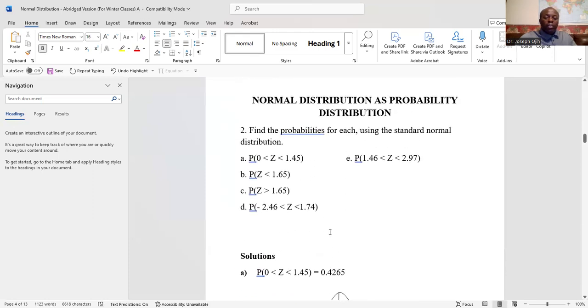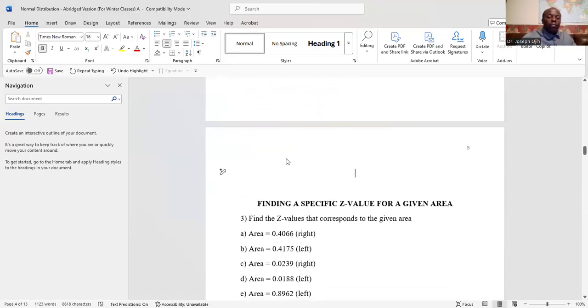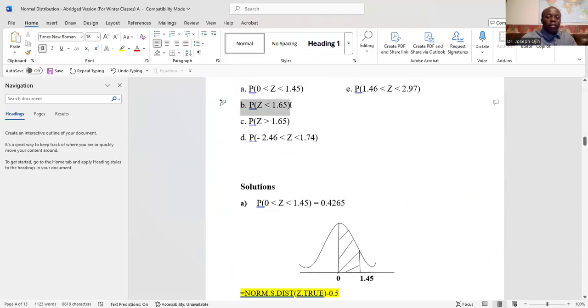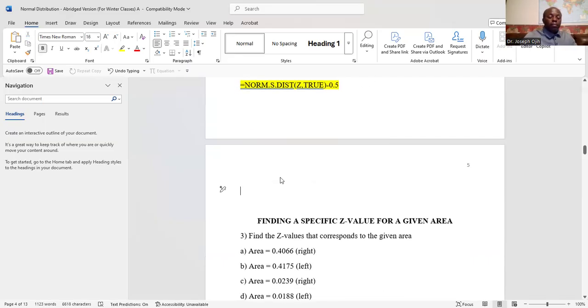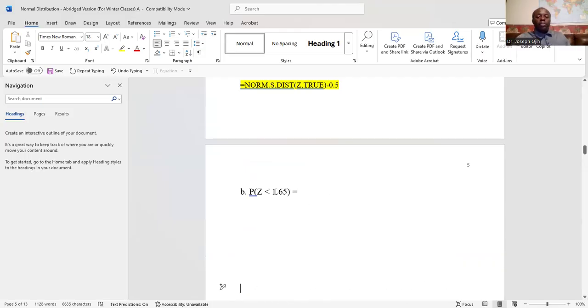The other one says P of Z less than 1.65. Let me just copy it on there. P of Z less than 1.65 equals, again, to find the direction, this is 1.65.